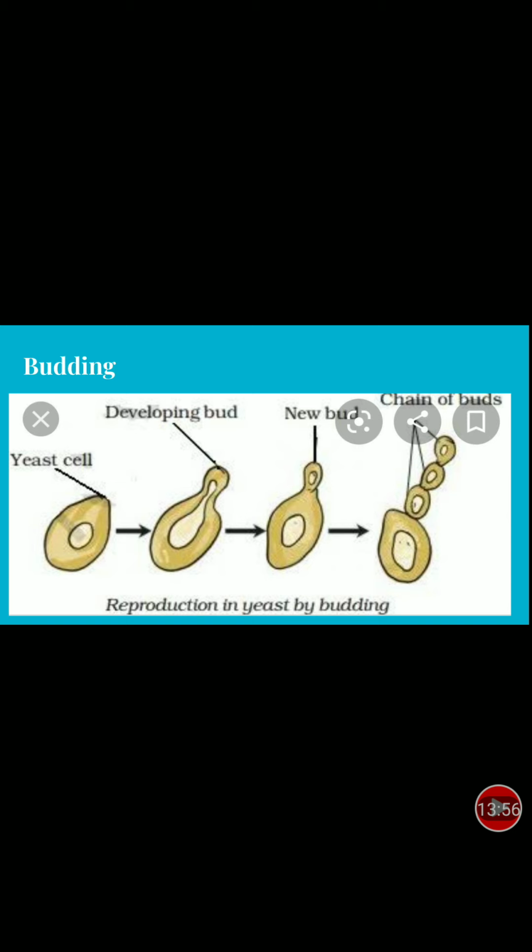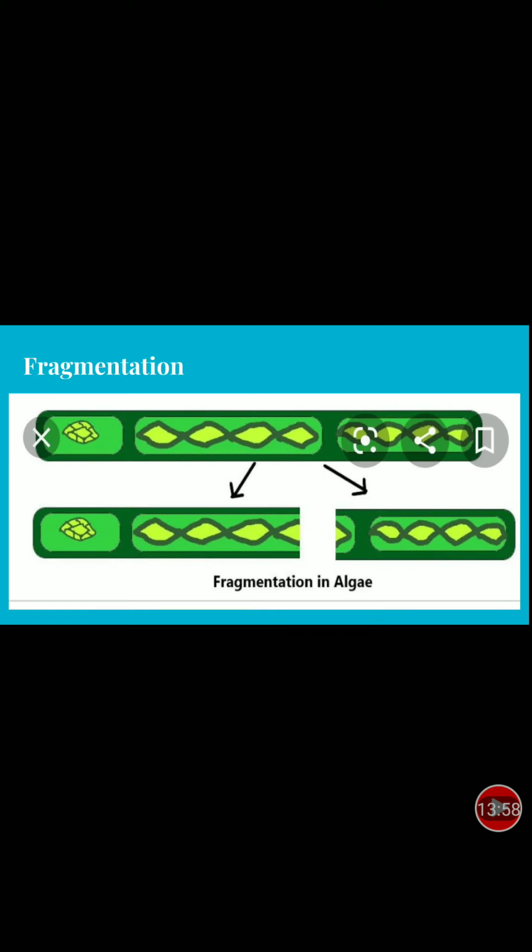The next vegetative propagation is fragmentation. You would have seen those green patches in ponds or other stagnant water bodies. These are the algae.